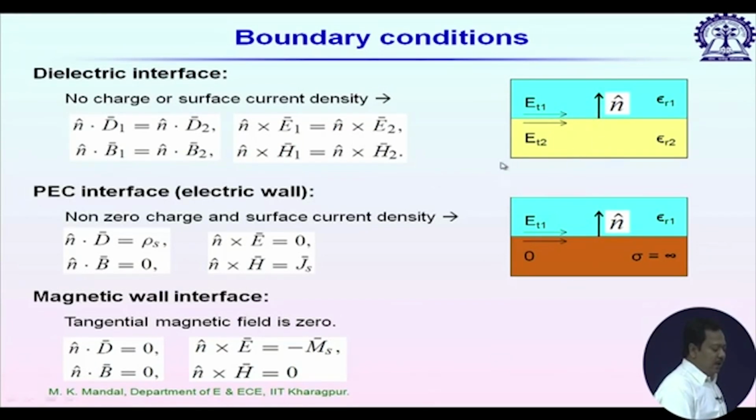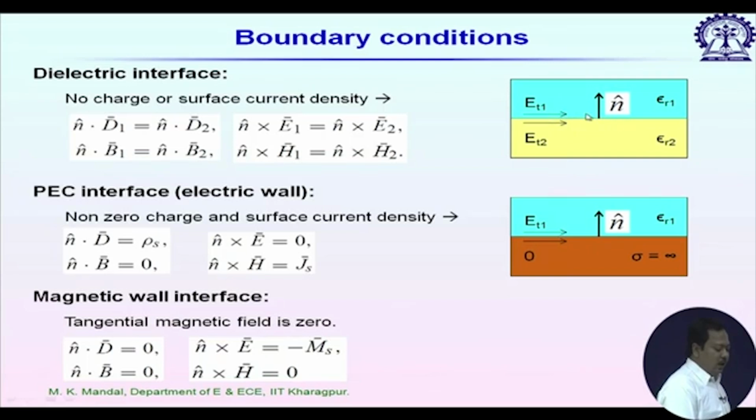Then from the boundary conditions, we know if we assume that no charge or surface current density is there on the interface, then the normal component of displacement vector is continuous across the boundary, and the normal component of B is continuous across the boundary.